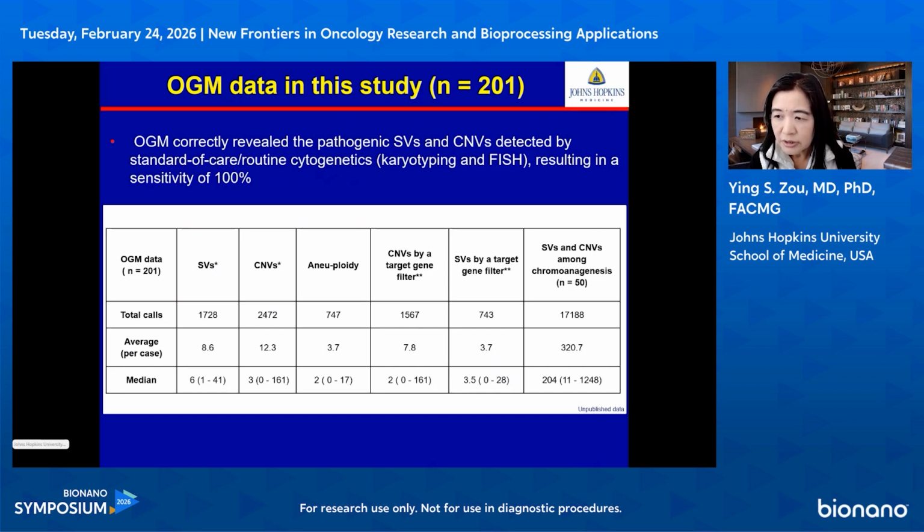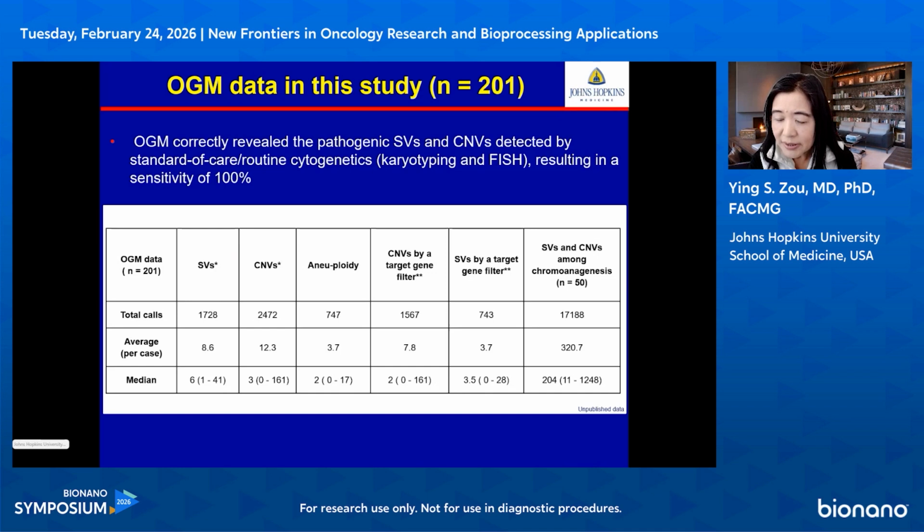On average, each sample showed around 21 structure and copy number variants. The most common variants included interchromosomal translocations, intrachromosomal fusions, deletions, gains and duplications, amplifications, inversions, and insertions.